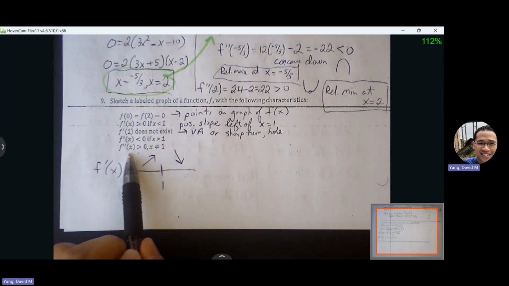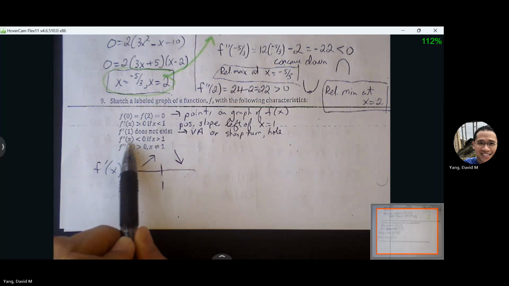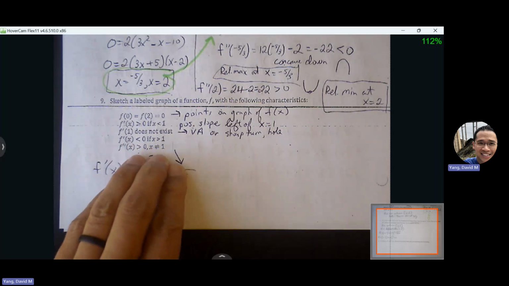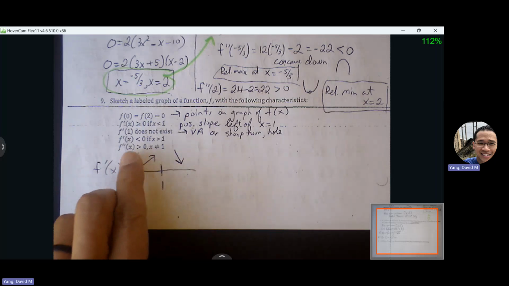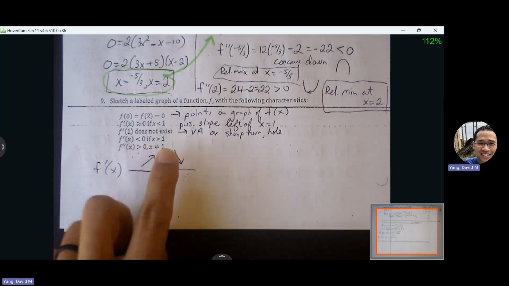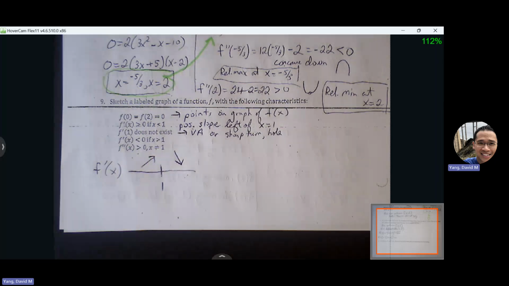Okay. f double prime of x is greater than 0 when x doesn't equal 1. Can you phrase it that way? Good. Concave up everywhere except 1. Okay. And the fact that x doesn't equal 1 is also indicating to you that there's a critical point there, because they are indicating it's everywhere except at a point.